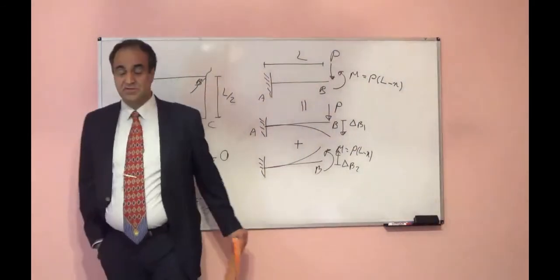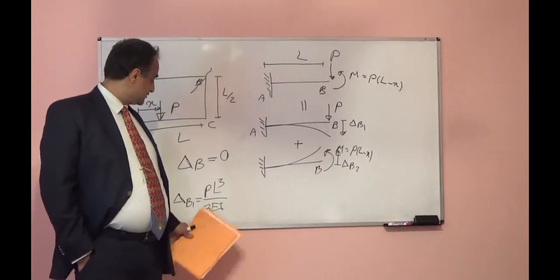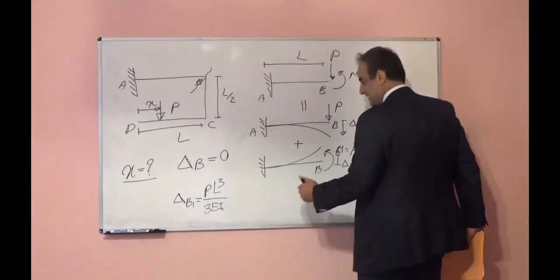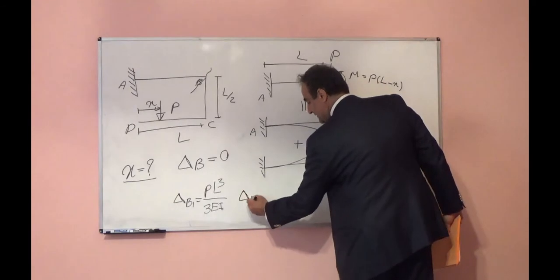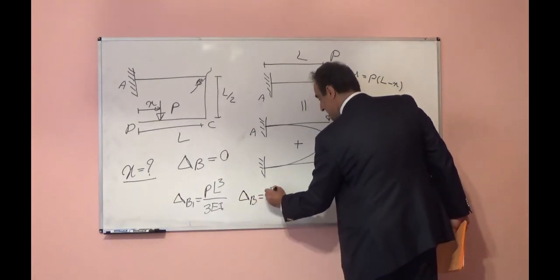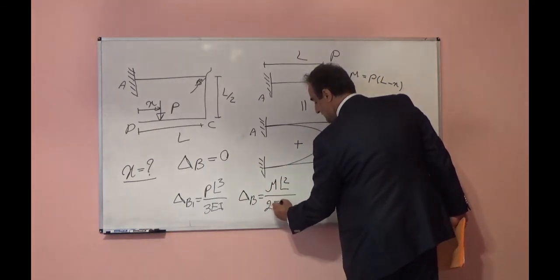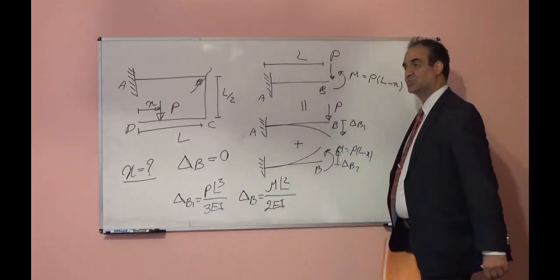Using the virtual work method, in 1 minute you can prove this. If you have a cantilever beam subjected to a moment, the deflection will be moment M times L squared over 2EI. Using the virtual work method, I proved it before.